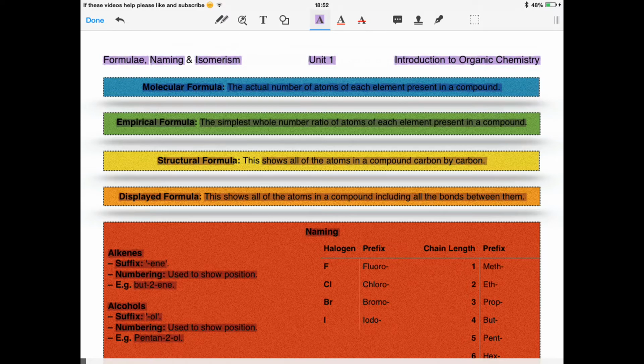So we use the prefix meth. If the chain length is 2, we use the prefix eth. 3 is prop, 4 is but, 5 is pent, and 6 is hex. It does go on infinitely, but for the AQA A-level specification, you only need to know from 1 to 6.